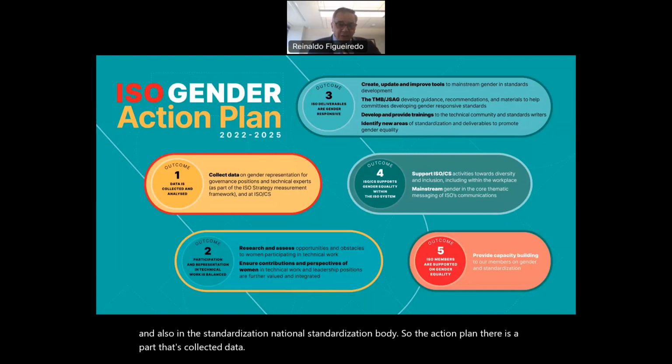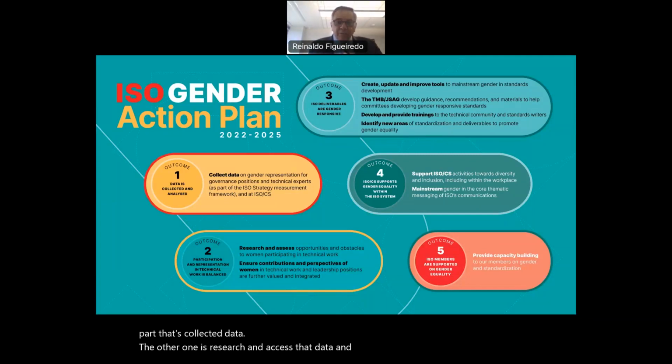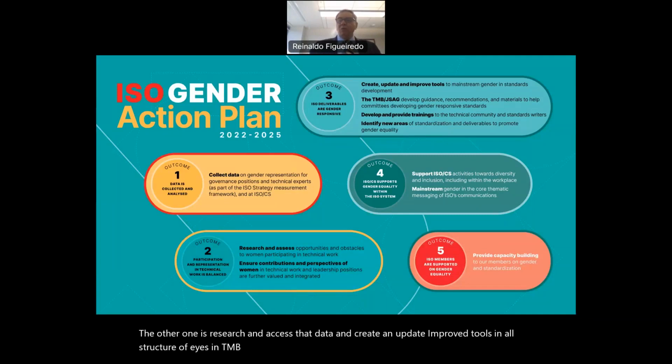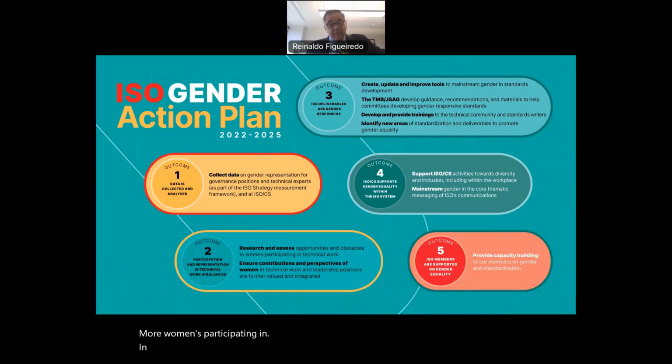The other one is to research and assess that data, and create, update, and improve tools in all structures of ISO, in the TMB, the Technical Management Board, in ISO CASCO as well, in terms of how more women can participate in our process. We have, my vice chair, Carolina Ota, she's from Kenya.